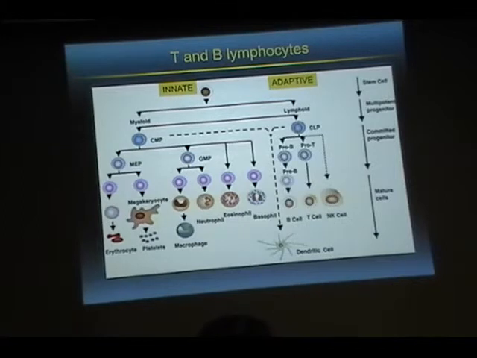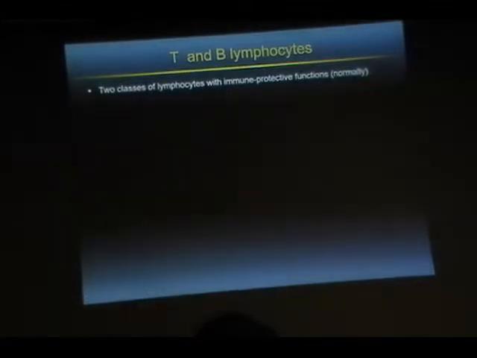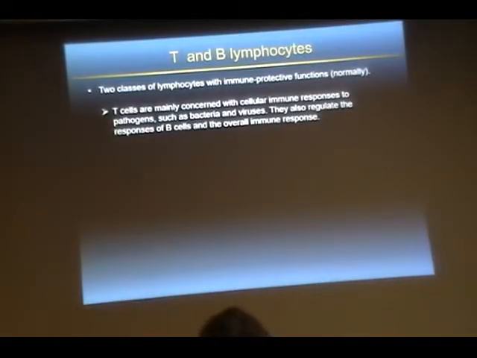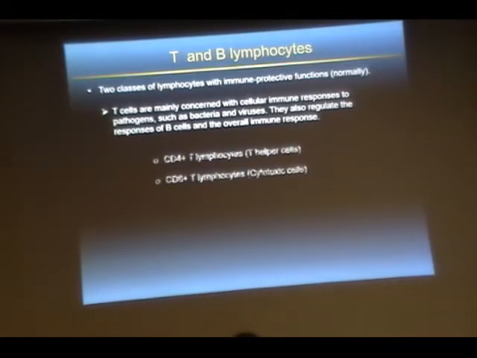So we saw the components of the innate and the adaptive immune system: macrophages, neutrophils, T cells, and dendritic cells. All of these have these pathogen recognition receptors that recognize fungi. So we looked at this before.